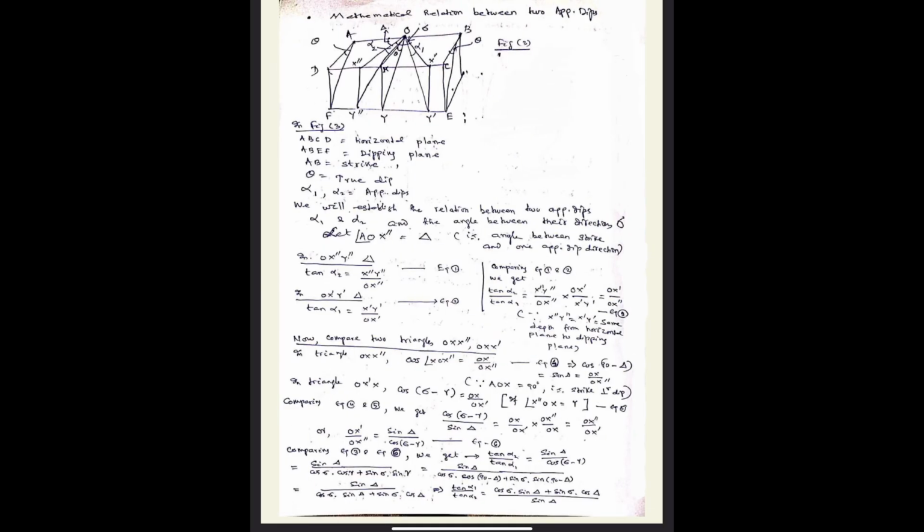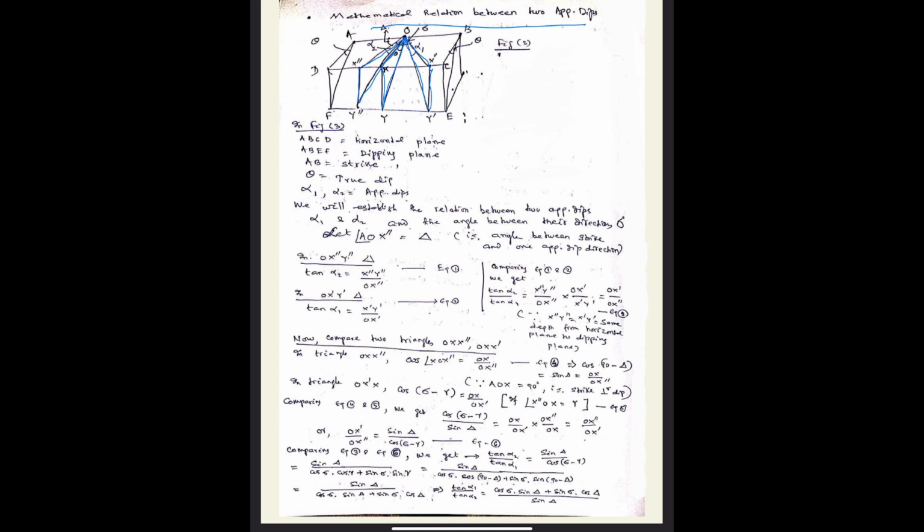Here is the diagram, the mathematical relation between two apparent dips, and we have deduced it in a similar way. This is one of the apparent dip directions, this is another apparent dip direction, and this is the true dip direction.